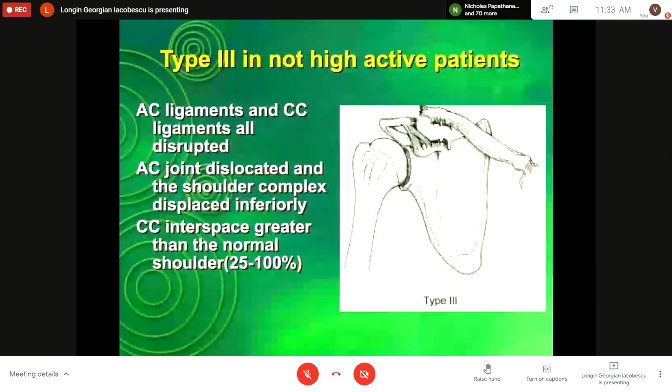In type 3, the acromioclavicular ligaments and also the coracoclavicular ligaments are disrupted. The acromioclavicular joint is dislocated, and the coracoclavicular space is greater than 25 to 100% compared to the normal shoulder.